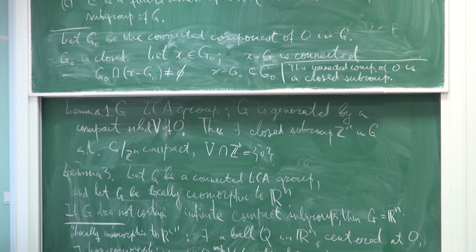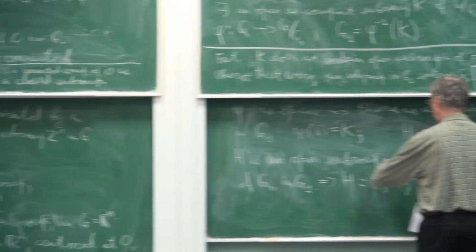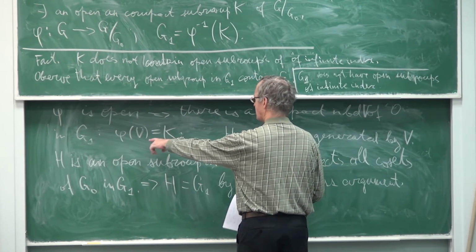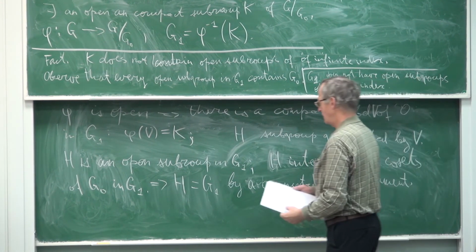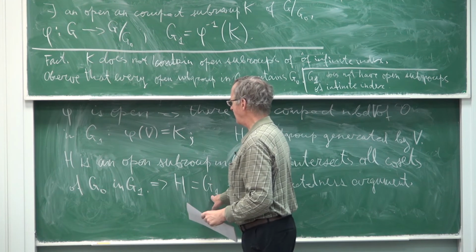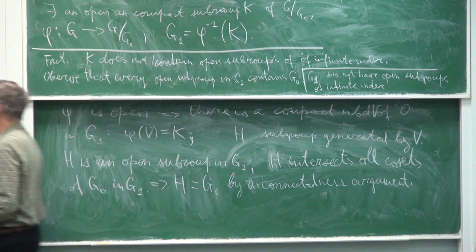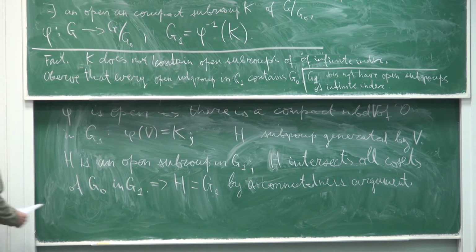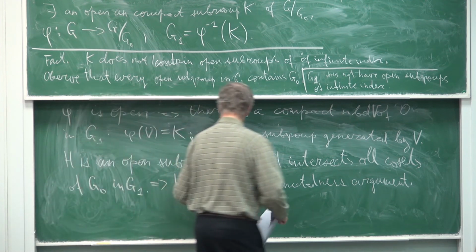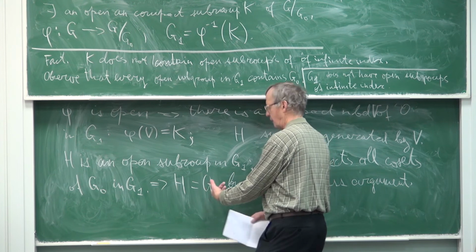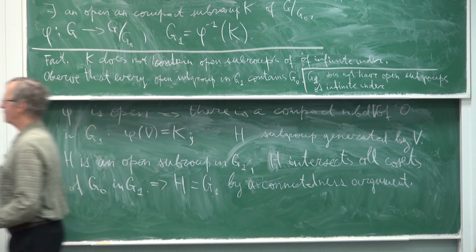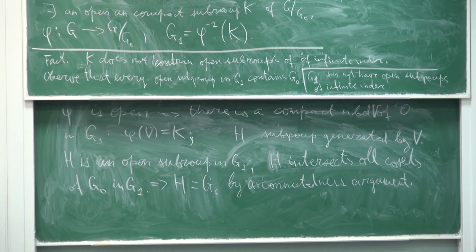So we have obtained the following fact: H was generated by some compact neighborhood of 0 in G1, so G1 itself is generated by some compact neighborhood of 0. And then we see that we are under the conditions of lemma 1.